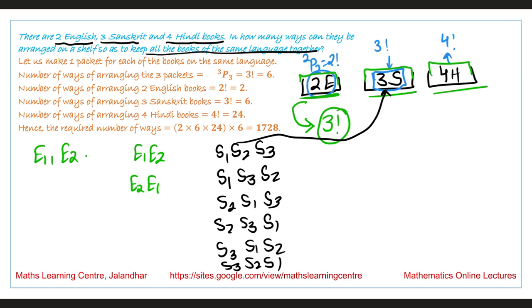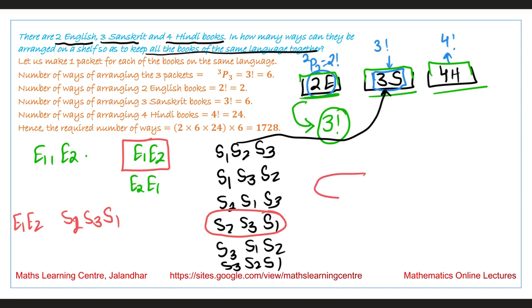Suppose first we are arranging the English books, E1, E2. Then suppose we are arranging the Sanskrit books, S1, S2, S3. Next, suppose we are arranging the 4 Hindi books.